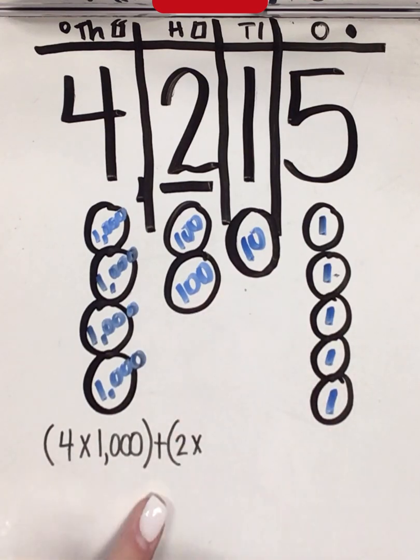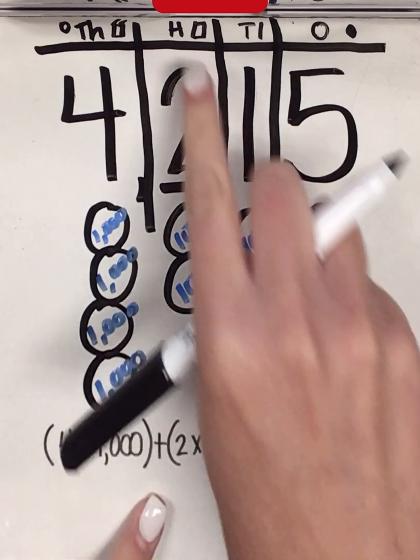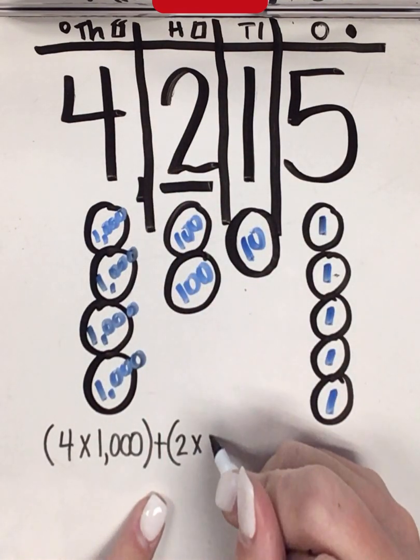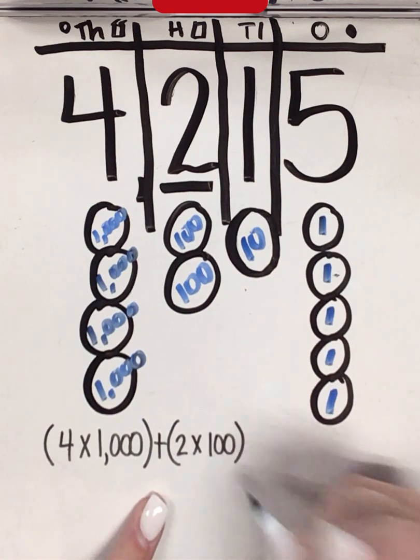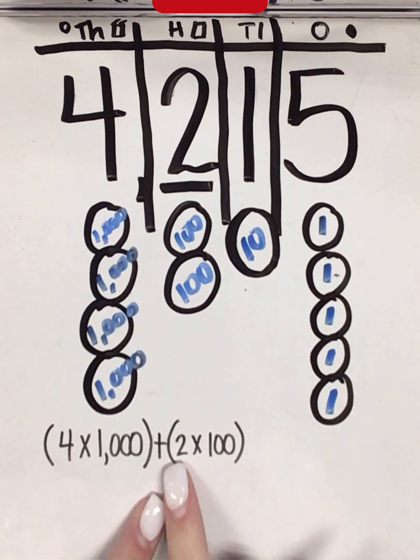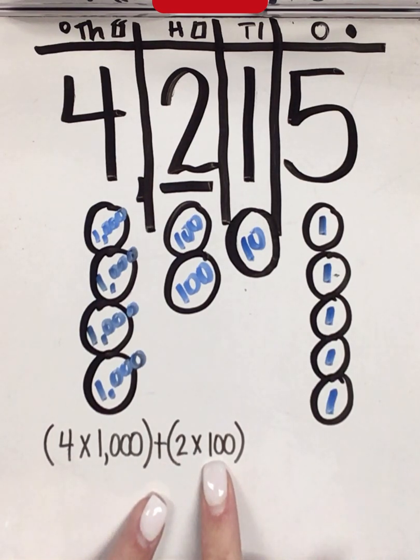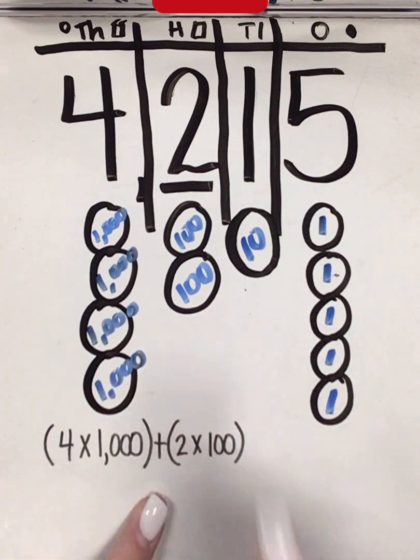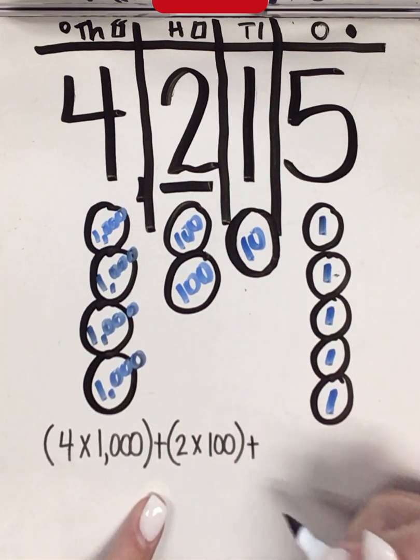What is our value in each one of those discs? Or the value of this place? What is the value of our hundreds place? You're right, it is 100. So this tells me I have 2 groups with 100 in each group. And that's exactly what we've modeled right here. Okay, let's now go to our tens.